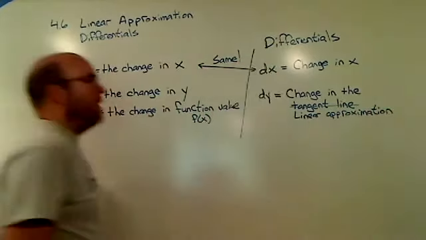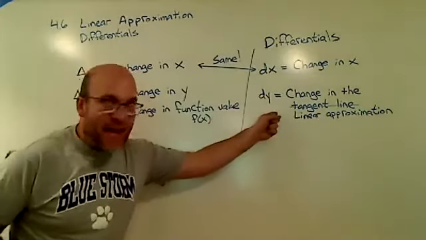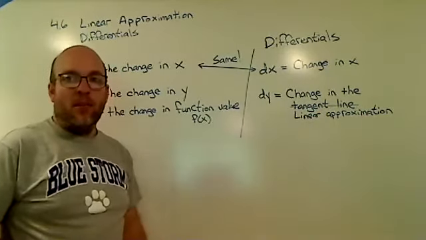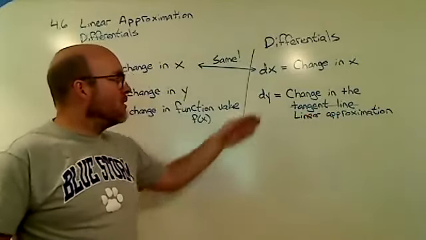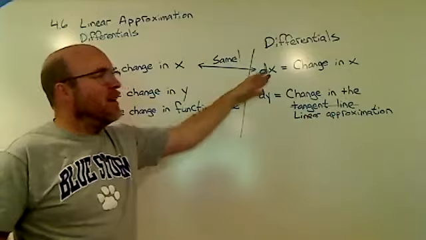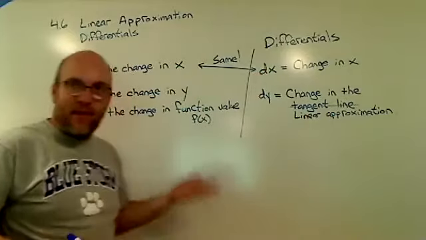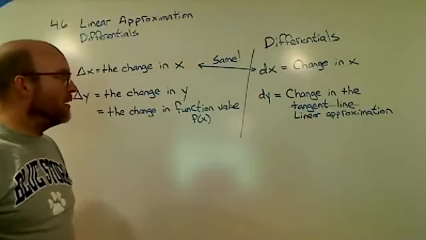Okay. And the idea is that it's super easy to figure out. Because the linear approximation is just a line, you can figure out how much the line changes based on the change of x just by using the slope. You don't have to have any sort of extra information here.